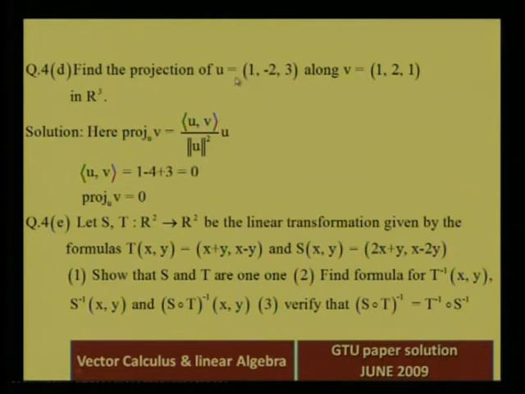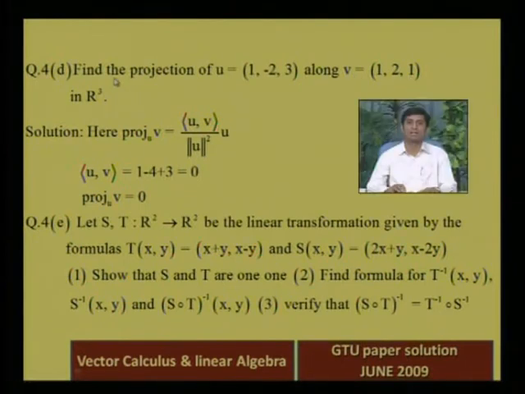Find the projection of u = (1, -2, 3) along v = (1, 2, 1) in R3. So how do we define the projection? It is the inner product of u and v upon the norm of u squared, into u. So the inner product of u and v is 1 minus 4 plus 3, that is equal to 0.